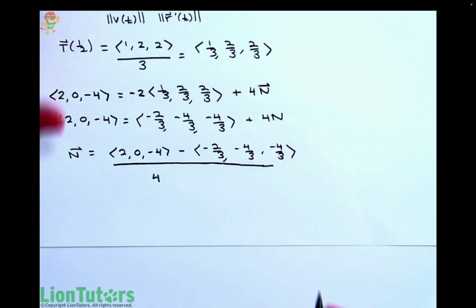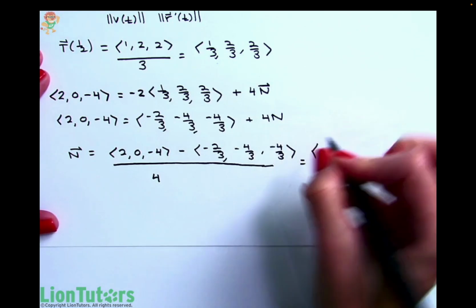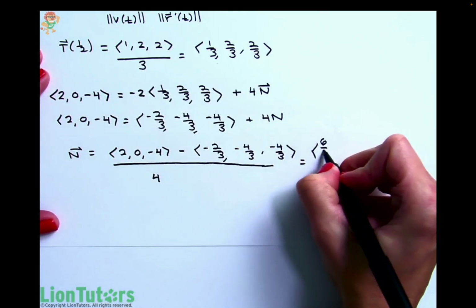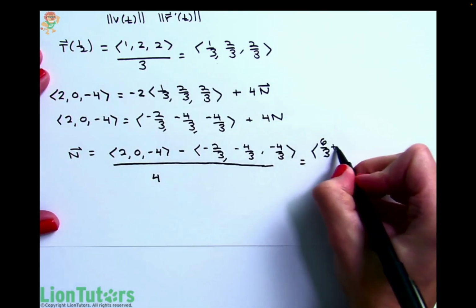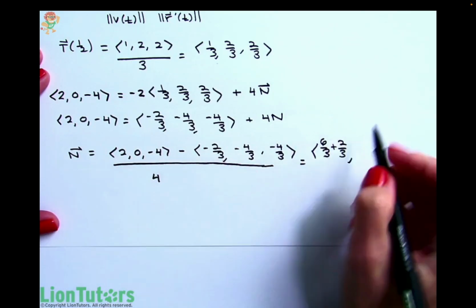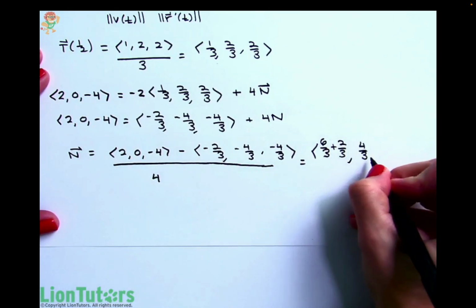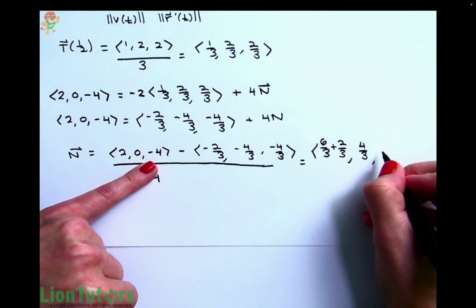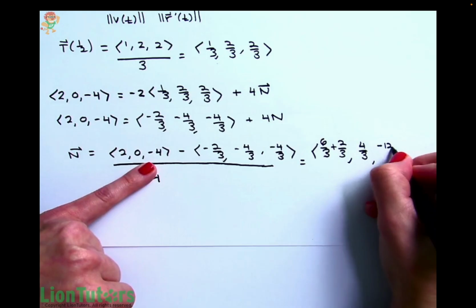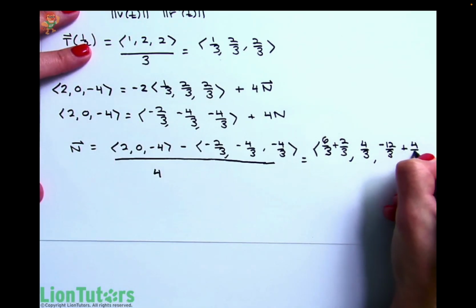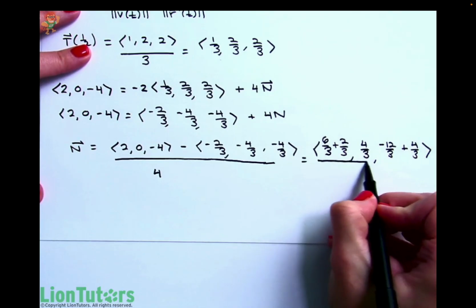All right, so if we do that, that is going to give us 2, which would be 6/3, minus a negative, so plus 2/3. Then we have 0 minus a -4/3, so that would be 0 plus 4/3. And then -4, which would be -12/3, minus a negative, so plus 4/3, all divided by 4.